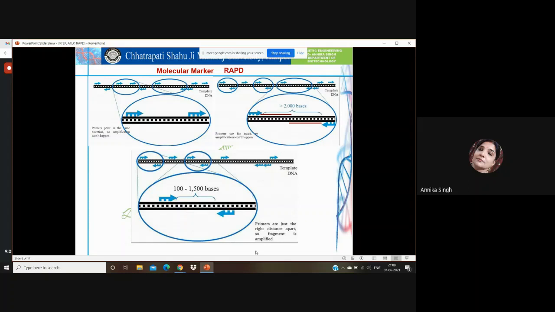So you can see that when primers are placed at the right position and right distance, then only the particular DNA template fragment is amplified. Okay.